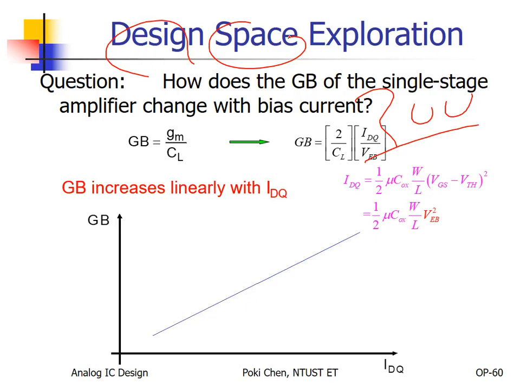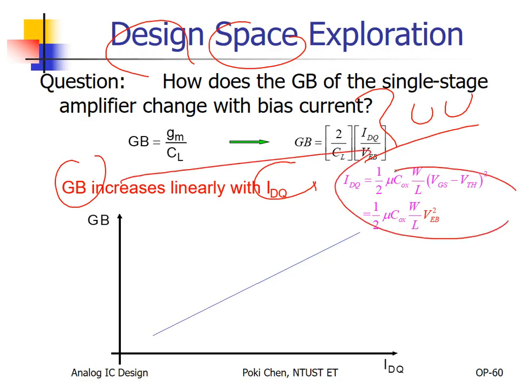But for your design, you need to have some kind of constraints, 限制. Under different constraints, the same parameters will look totally different from the others. For example, under such a situation, you can see gain bandwidth increases linearly with IDQ.